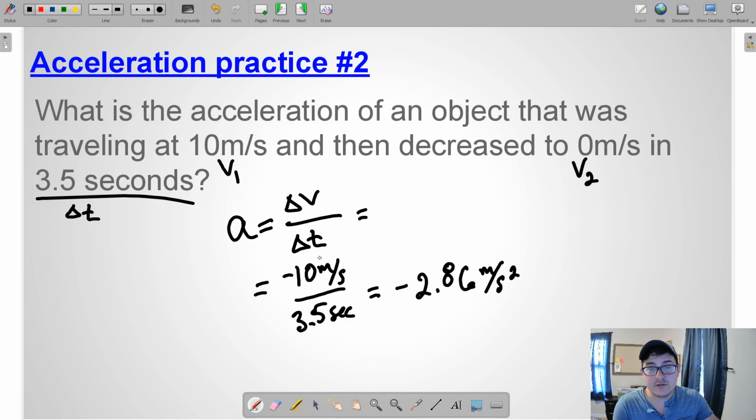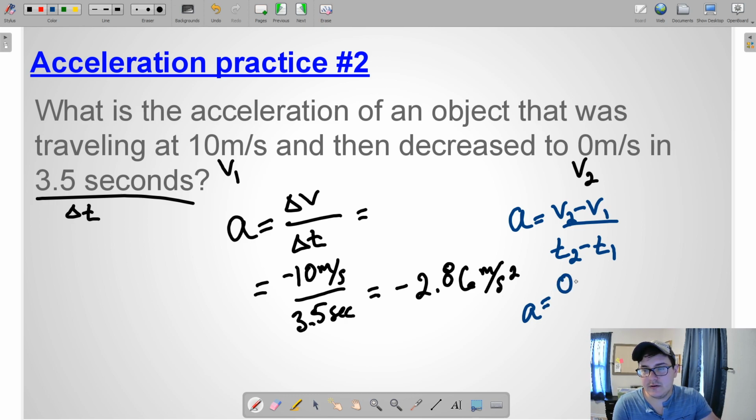Okay, let's use this again with the other formula type, where acceleration equals velocity 2 minus velocity 1 over t2 minus t1. So velocity 2 was 0, velocity 1 was 10, t2 was 3.5, and t1 equals 0.